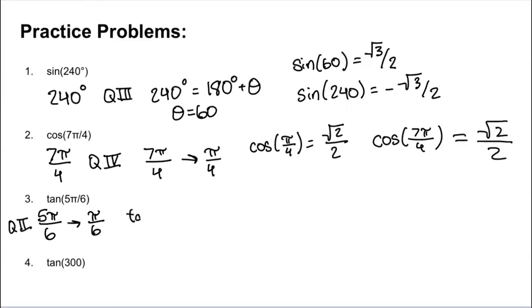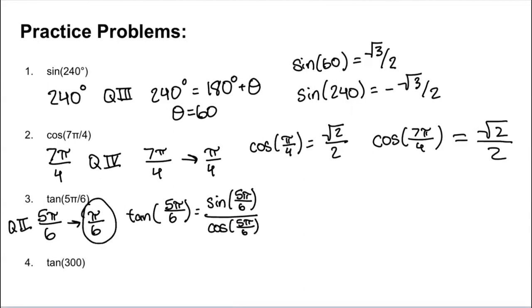So tangent of 5 pi over 6 is equal to sine of 5 pi over 6 over cosine of 5 pi over 6. But we want to use our reference angle before we get into the actual math of that.